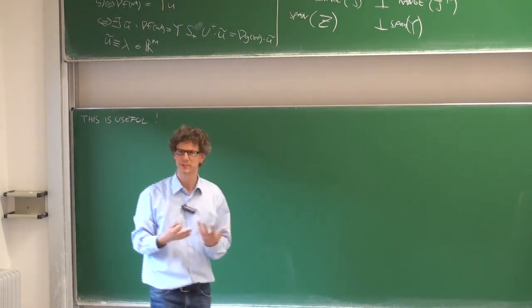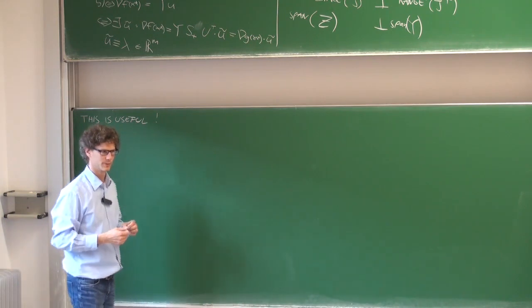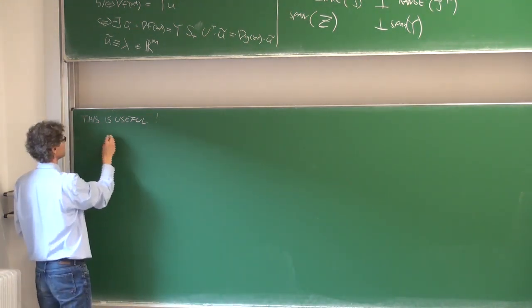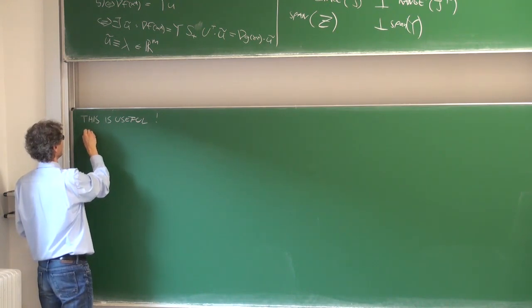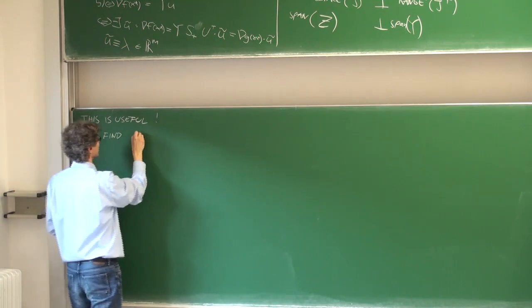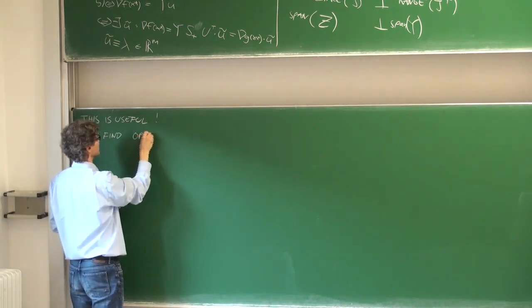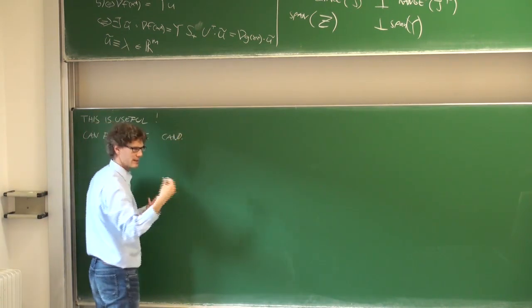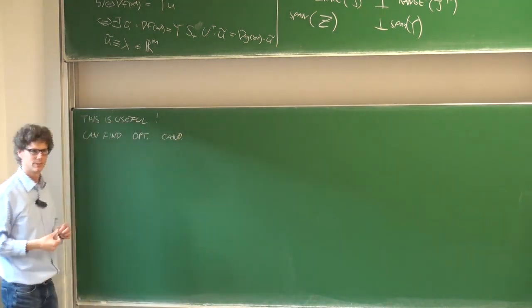You remember the root finding problems are the nice things we can use Newton's method for. But let's just look at an example. We can find optimization candidates, right? So it's not necessarily the optimal solution, but it's candidate points for optimal solutions.